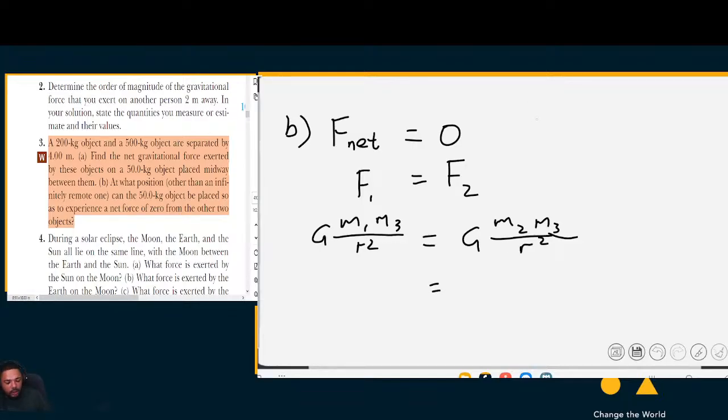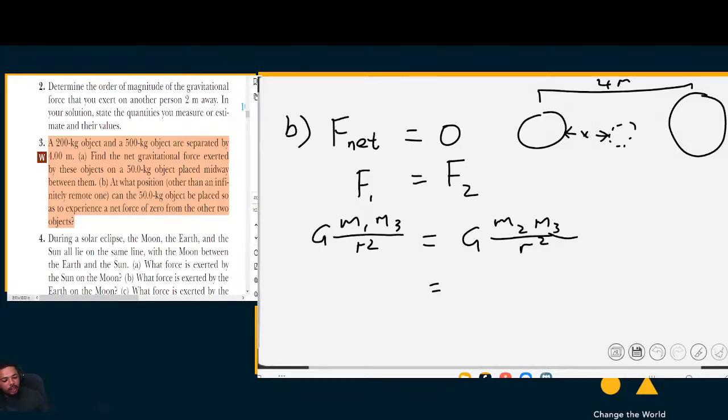Now, this is the situation. We want to know where we should place the 50 kilogram ball between these two. Remember the total distance is 4 meters. The distance here, we want to know this distance where we should place it, so let's call it x.